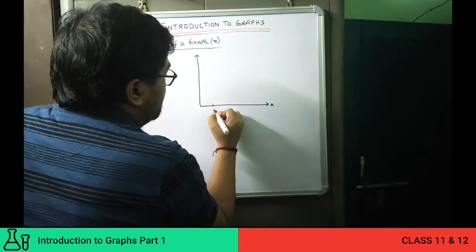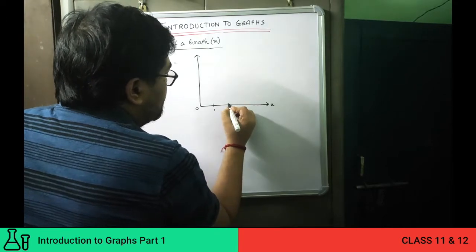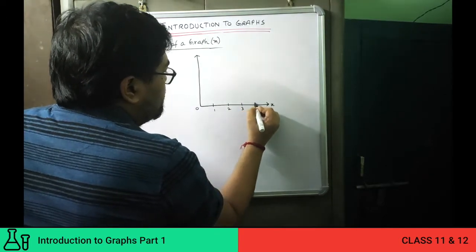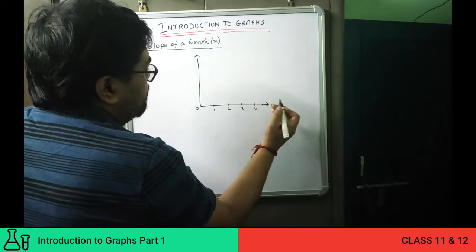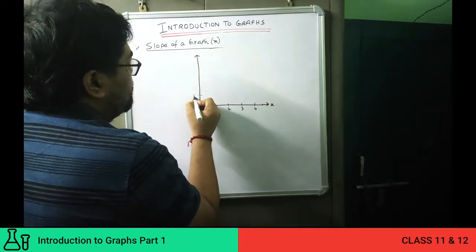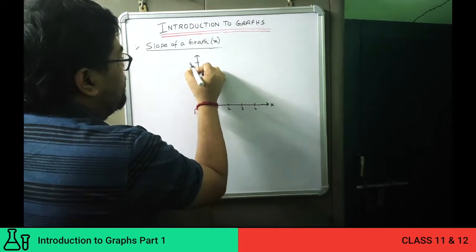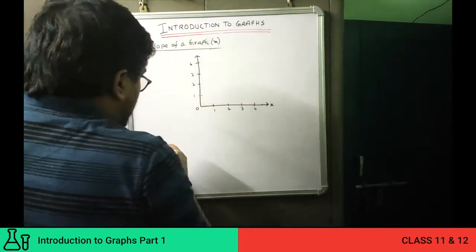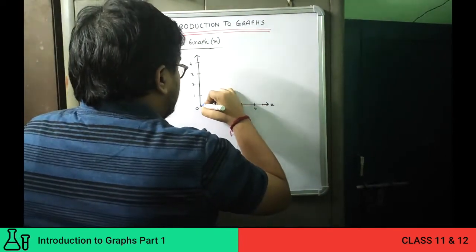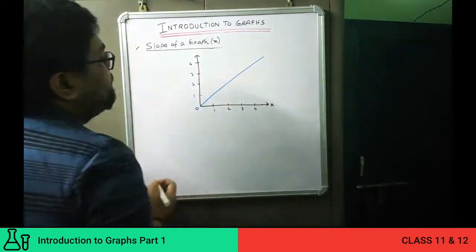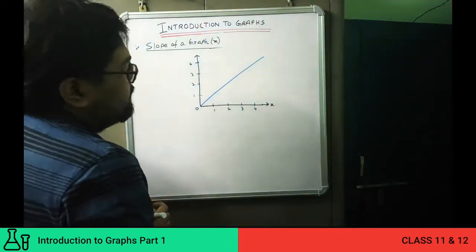We have marked 0, 1, 2, 3, 4 and so on on the x axis, and 1, 2, 3, 4 and so on on the y axis. I have drawn a line that passes in this manner.